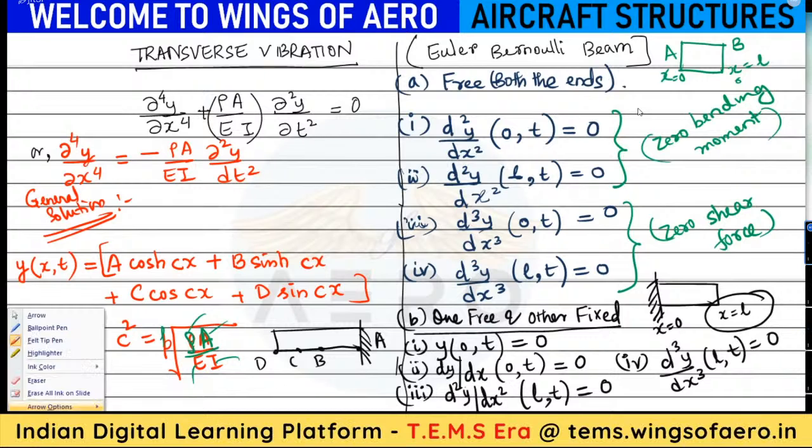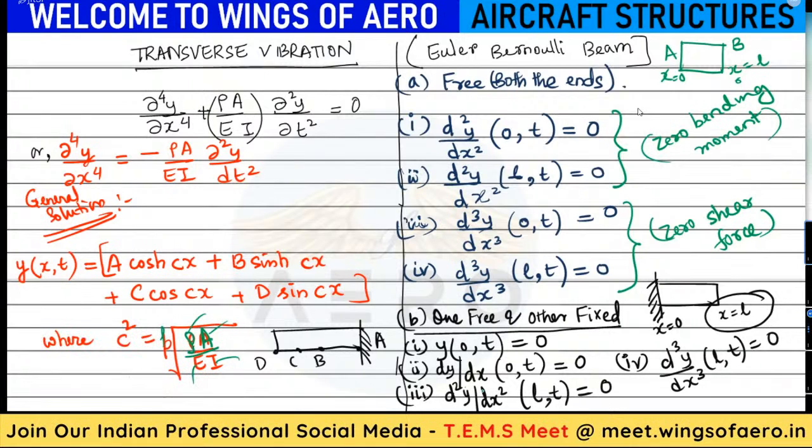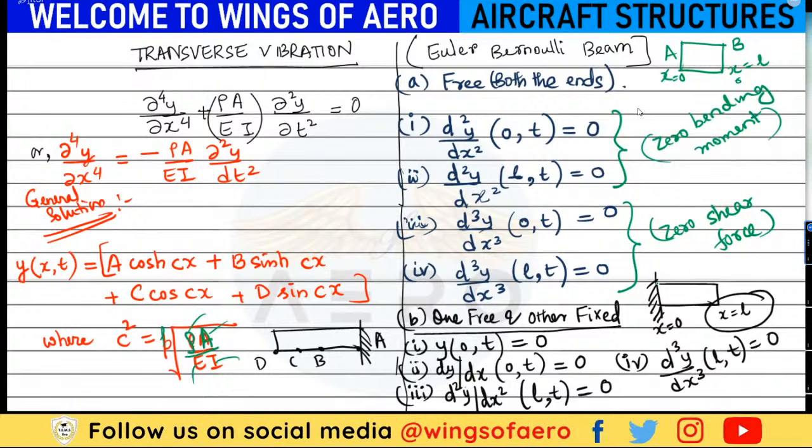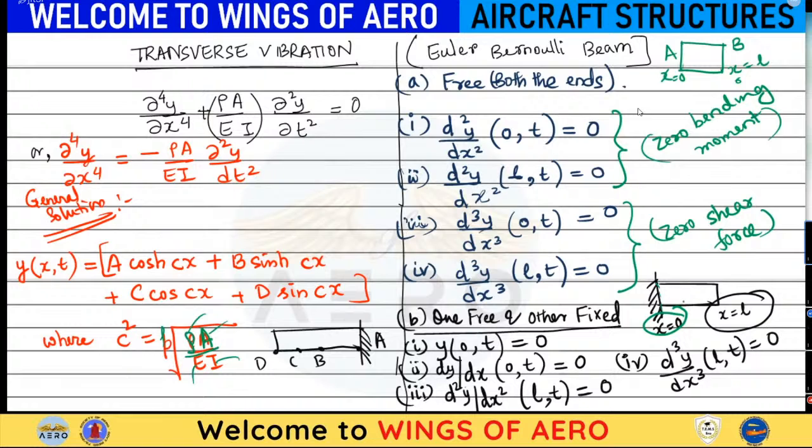A small doubt here. Yes, please. Ma'am, I'm having a doubt in the third condition. You say there is no deflection at the free end. Deflection we define by y. At x equal to 0, at the fixed end, there will be no deflection.